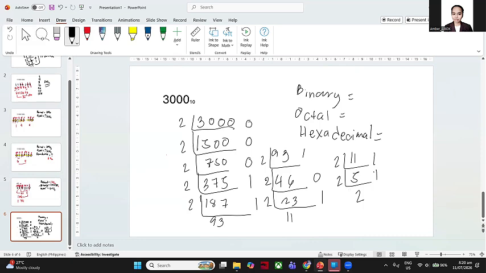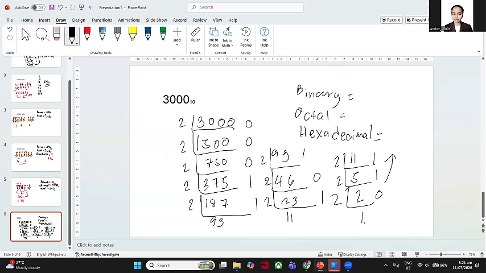Now we're going to put it all up. We have 2. 2 divided by 2 is 1, so 0.